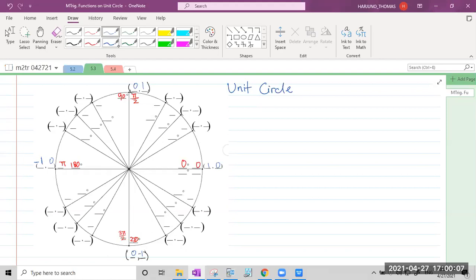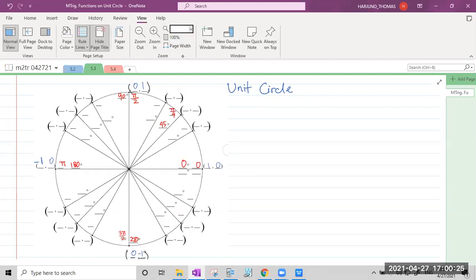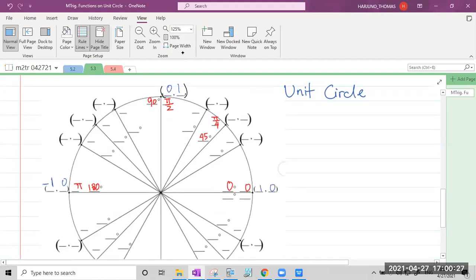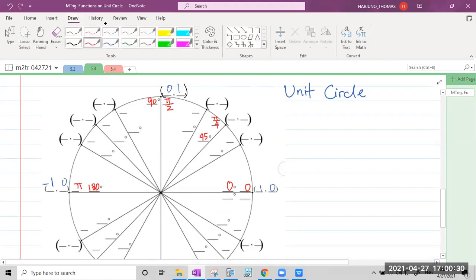Now let's do more. For example, what happens at 45 degrees? This is 45 degrees. What is that in radians? That's pi over 4, right? Now what will the coordinate be? The x component is the same as cosine 45 degrees, and the y component equals sine 45 degrees.